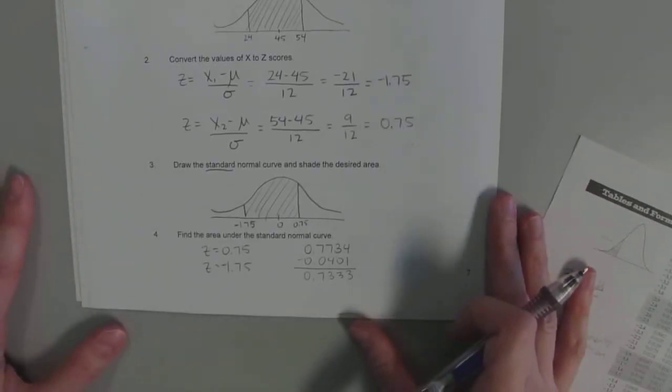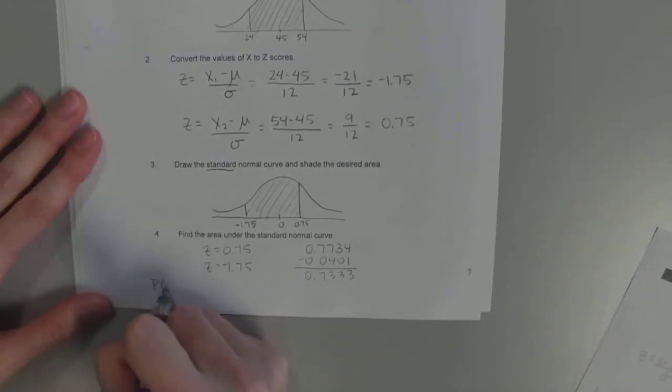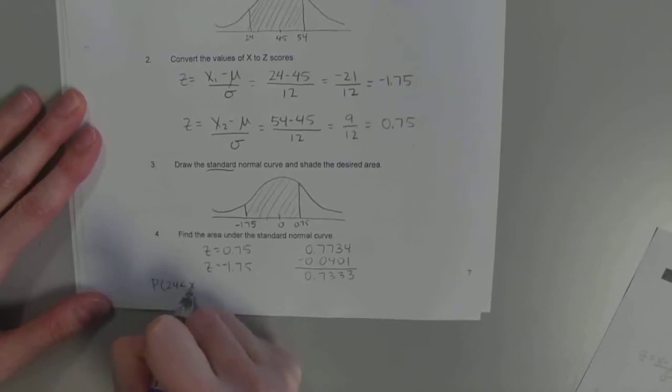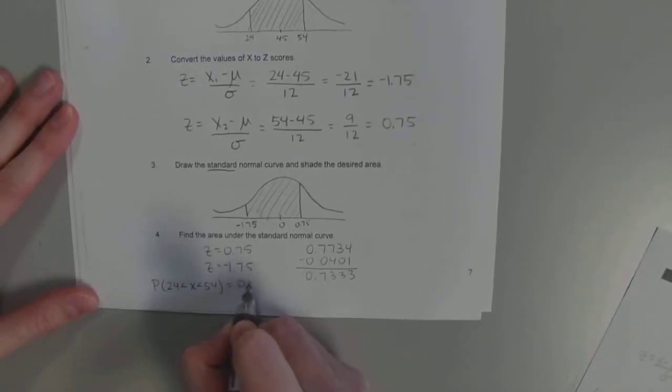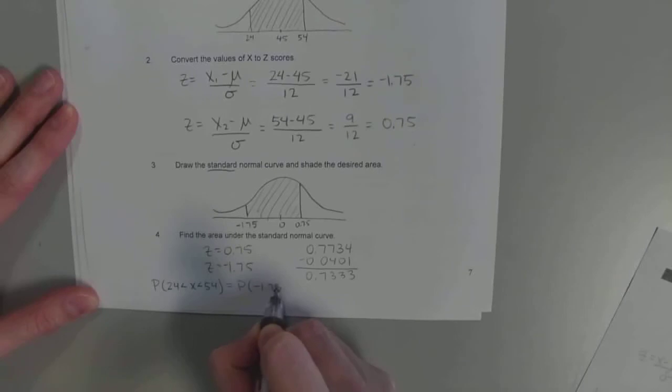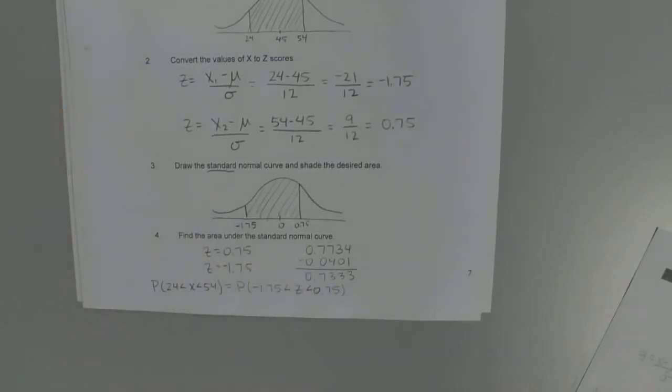So how do we write that in that weird inequality? You don't have to do this. Any other teacher might make you do this, but I won't. We start with our normal everyday value of x being between 24 and 54. And we said we don't have a chart for that. We don't have a chart that has 24 minutes and 54 minutes spent at the mall. So what did we have to do? We had to change each of these values to z-scores. So they changed to negative 1.75 and positive 0.75.